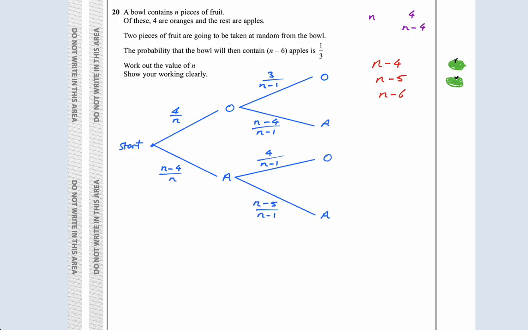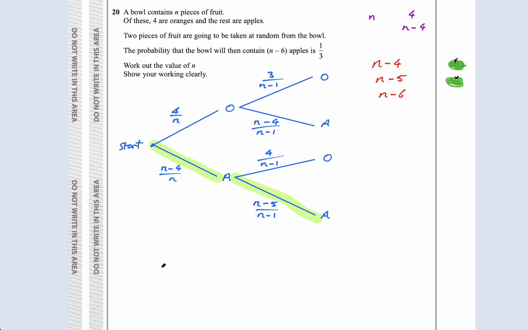That is the key to realizing that the branches we want to take are these two, the apple route. It's just a fancier, complicated way of saying the probability that he takes 2 apples is a third. But he's written it in a way just to confuse us. The probability that the bowl will then contain n minus 6 apples is this route.